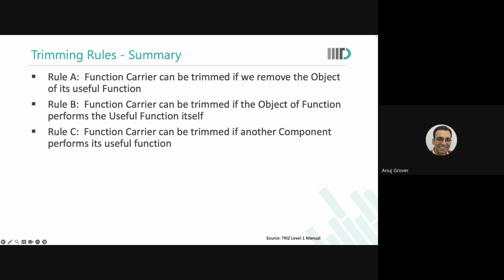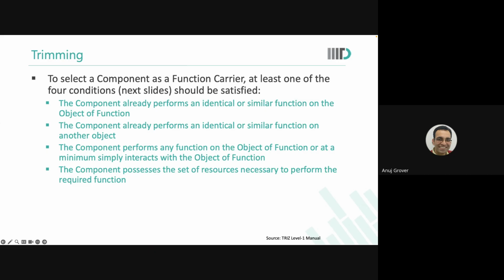Now we come to how to select a component as a function carrier. So first, for the replacement, for rule C, how to select an alternate component that will replace your function carrier. First thing that you have to check: a component already performs an identical or similar function on the object of the function.